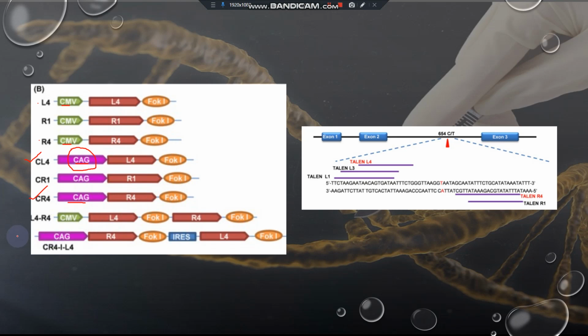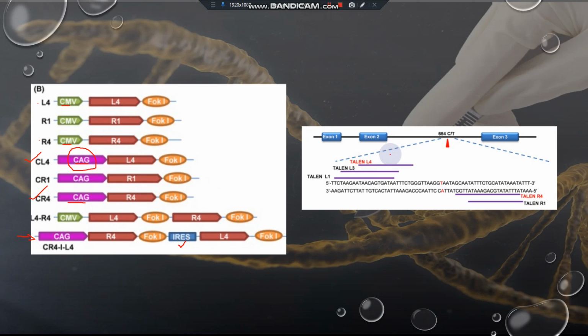So now in the last, we get our co-expression vector CL4-IRES-CR4, and we have our monomers L4 and R4, which link these two TALEN monomers by IRES, that is internal ribosome entry site. With the help of IRES, we can link these two monomers of TALENs.